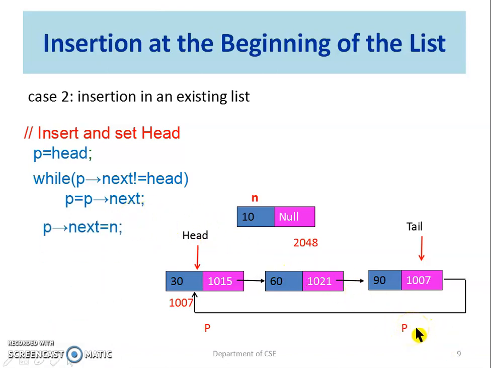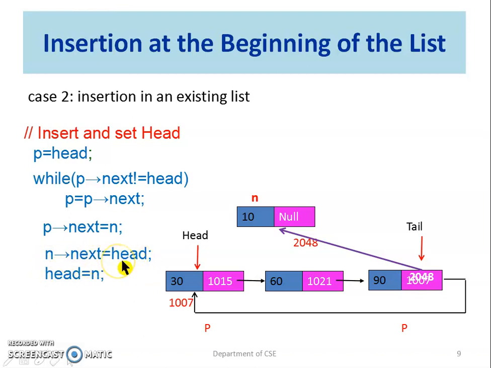Now set the next pointer of P to point to the new node n by setting P dot next is equal to n. You can observe the change in the next field of the tail node, which is replaced with the address of the new node, that is 2048. Then the next pointer of the new node is made to point to the head node by setting n dot next is equal to head.